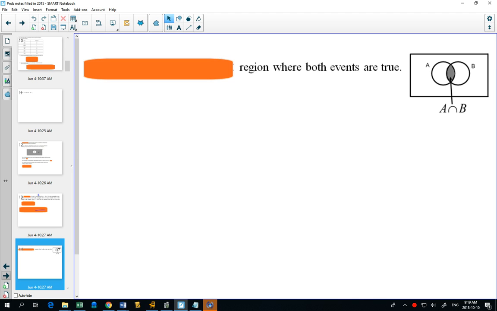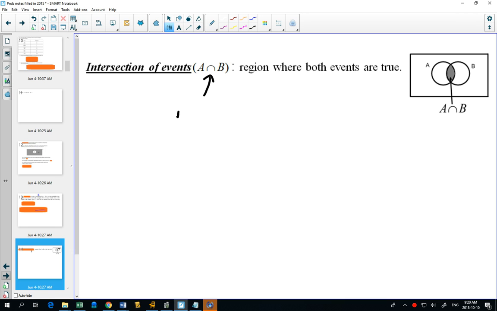Here is and. The intersection of events. And this symbol is and. You can kind of think of it as an A without the line across to help you remember.